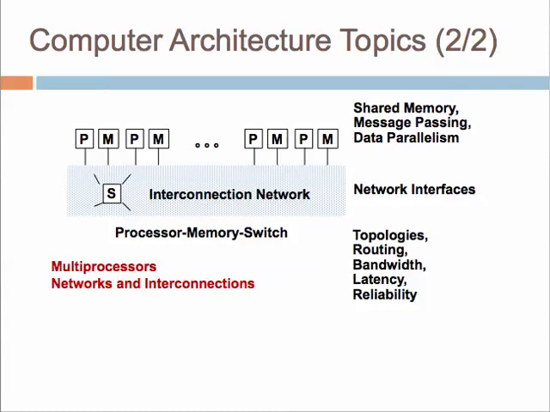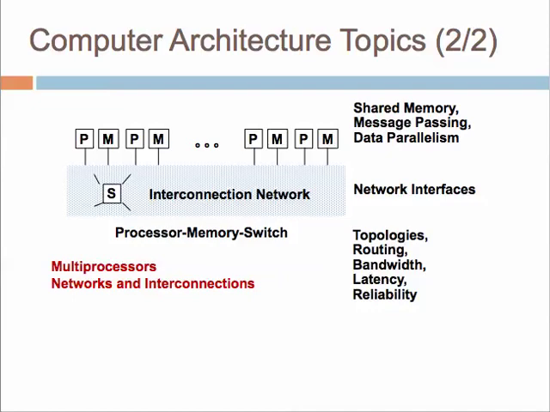Then comes the question of what kind of topologies we can connect them. A common topology is a grid, like a mesh is what we call it. There will be routing strategies to make sure that the packet is transmitted and it reaches its intended destination in an efficient manner. When you look at the processors themselves, there's also the aspect of shared memory.